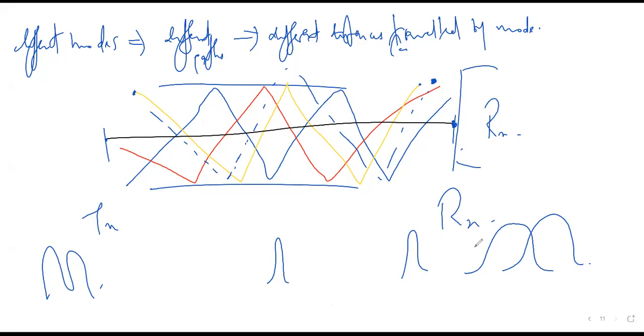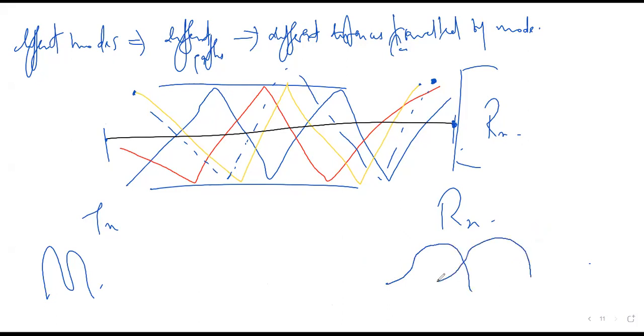And the effect of having these multiple modes is pulse broadening. A pulse sent as a rectangle arrives totally different on the other end.